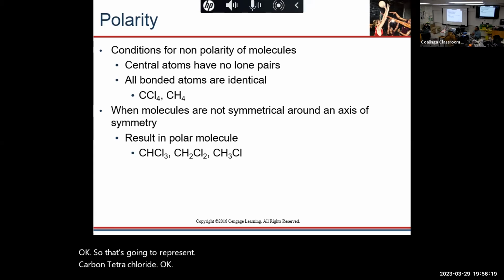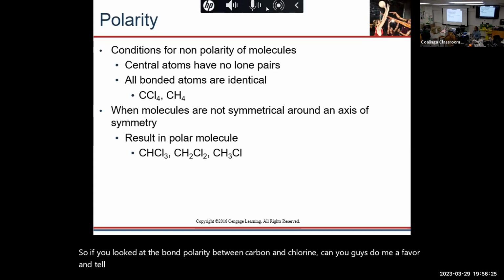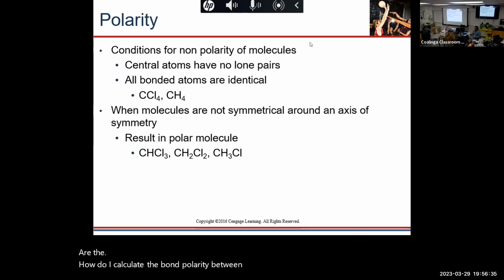If we looked at the bond polarity between carbon and chlorine, can you tell me the bond polarity?